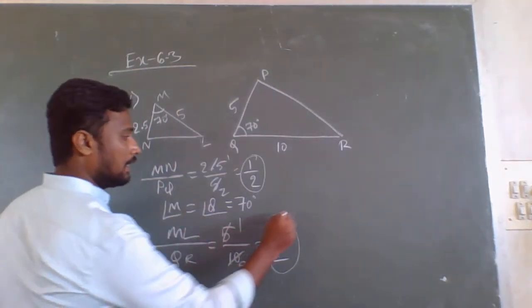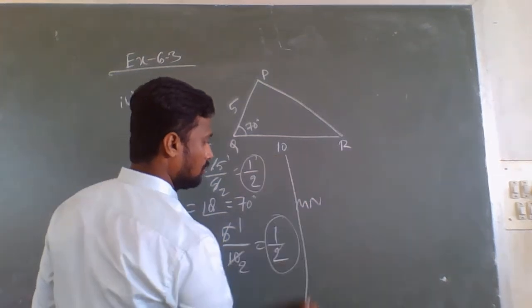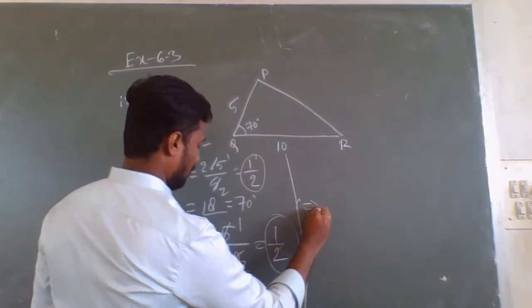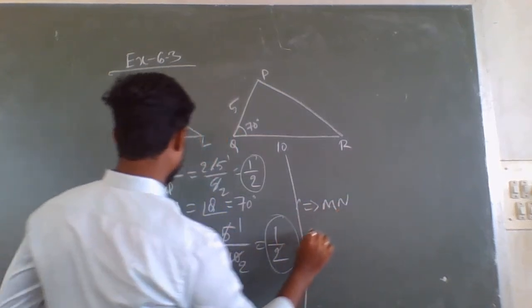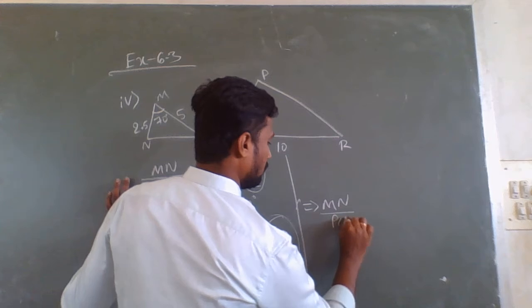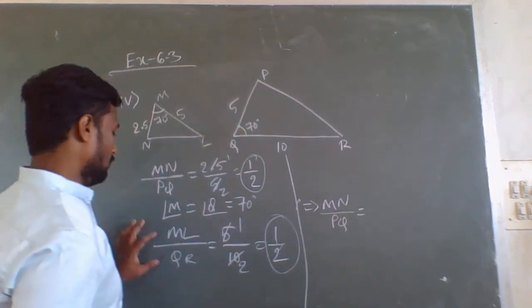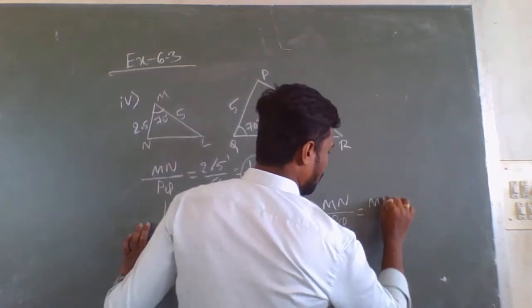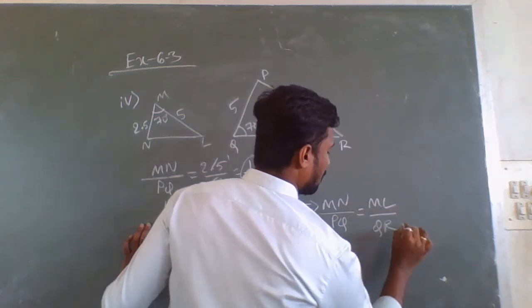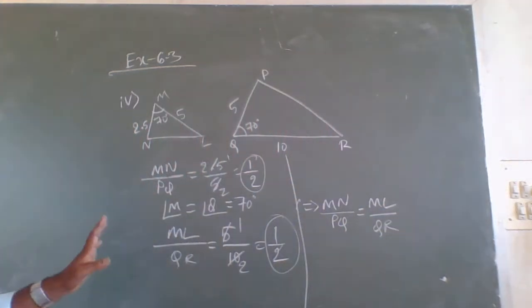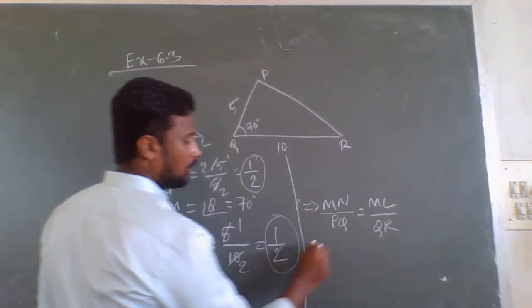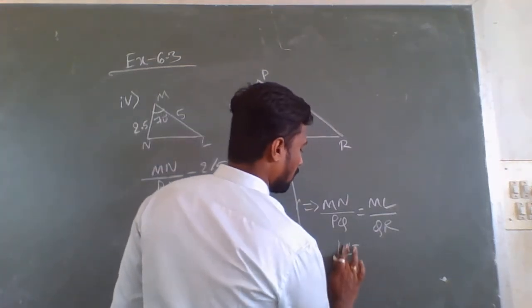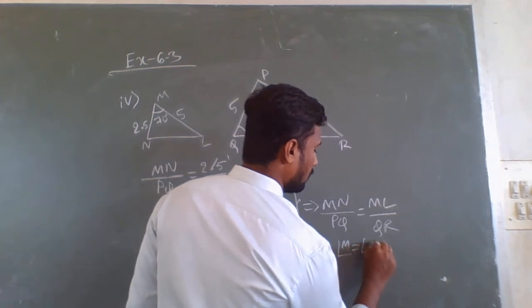Then we can write that MN by PQ is equal to ML by QR, because we got the answer 1 by 2. Now angle M is equal to angle Q because both angles are 70 degrees only.